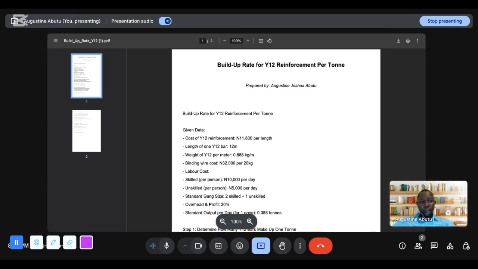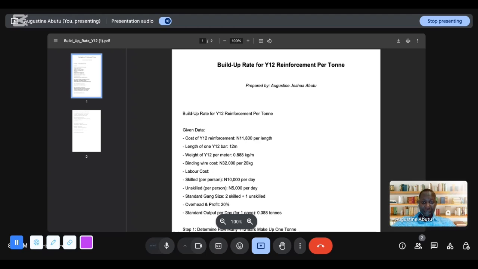So we'll be looking at material cost, labor cost, and overhead and profit. In a BSMM, reinforcement is measured in tons. In real life practice, you can buy reinforcement by length in the market, right?